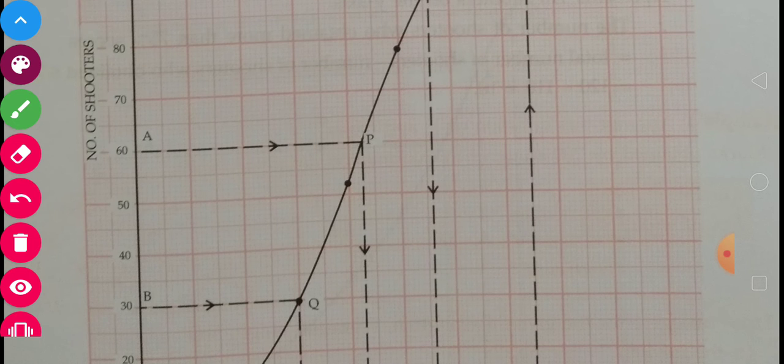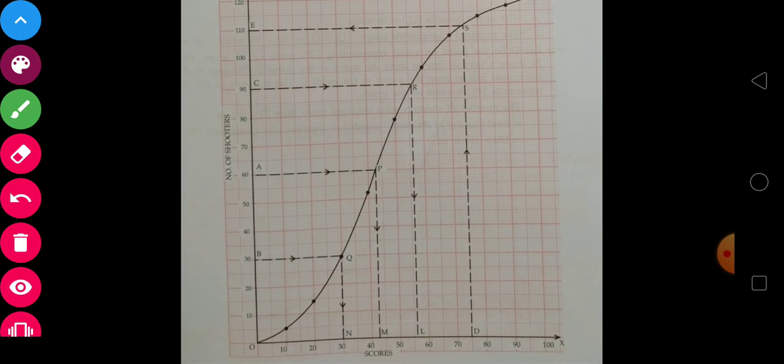y-axis. Then you can draw a line from this point parallel to the x-axis and touching the ogive. Wherever it touches the ogive in this graph, it touches at P. From that intersection point you have to draw a line parallel to the y-axis. When you draw that line, it will drop down on the x-axis.